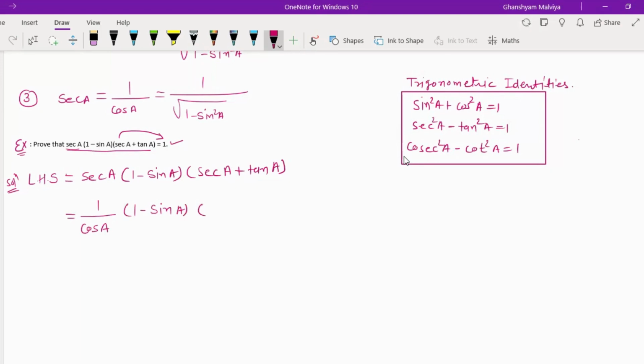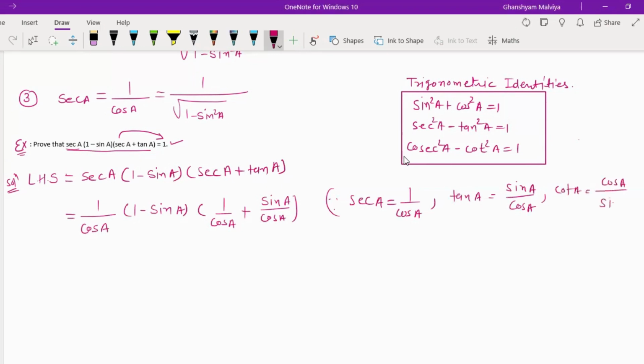And again, you can write here 1 upon cos A plus you have sin A. You know that sec A equals 1 upon cos A and tan A equals sin A divided by cos A. Again, cot A will be cos A divided by sin A.